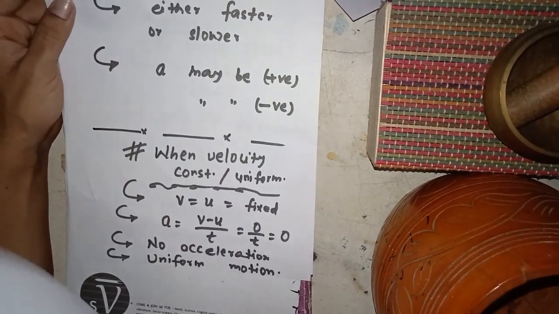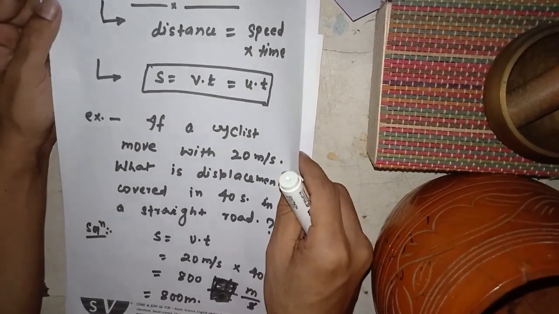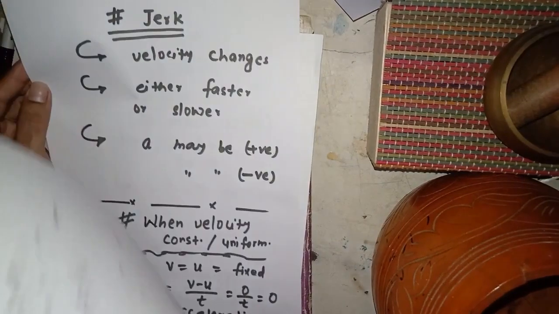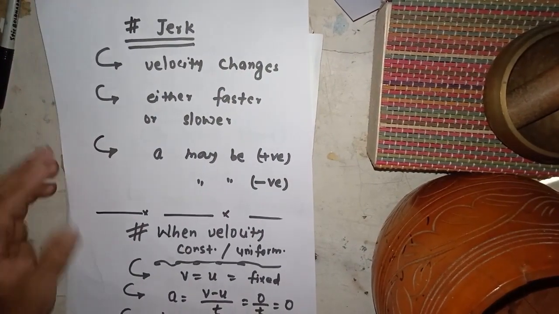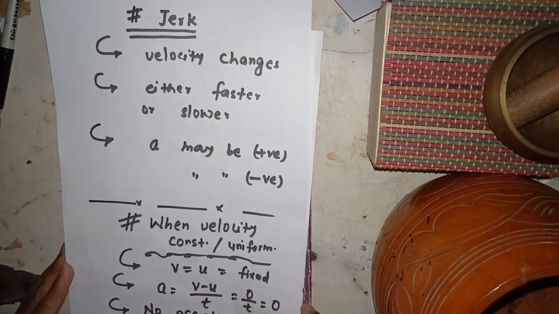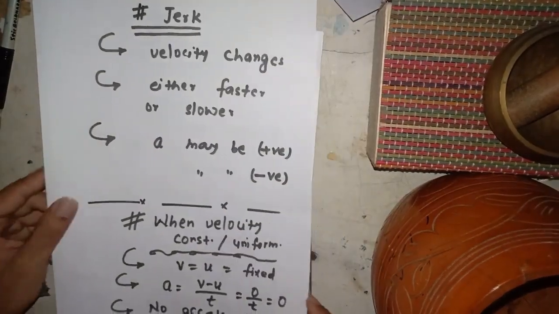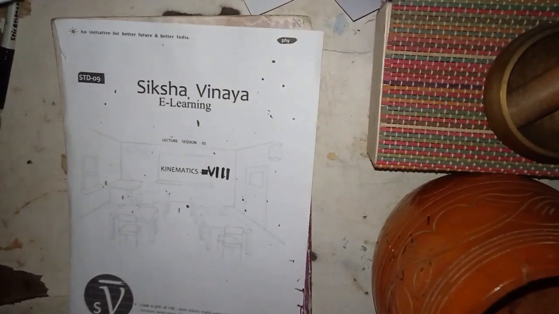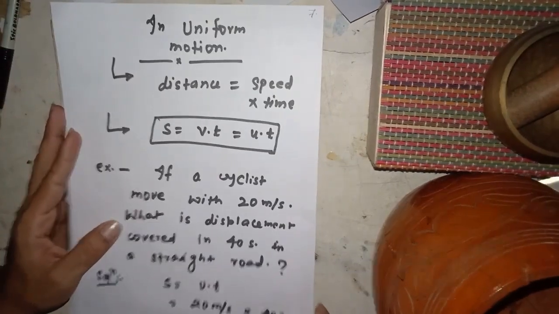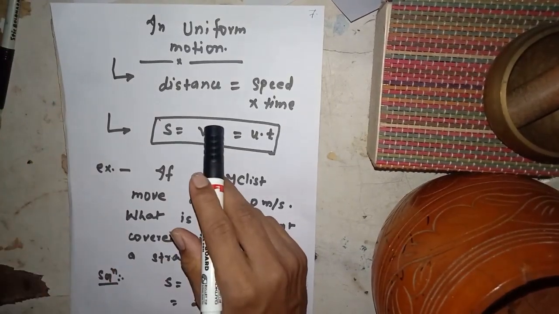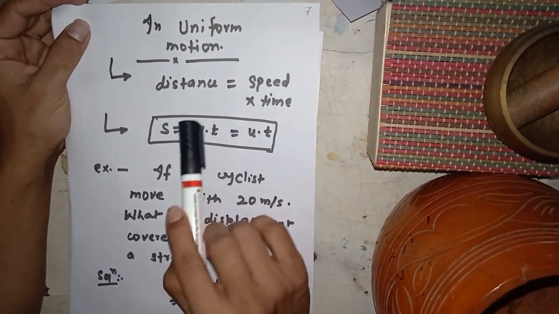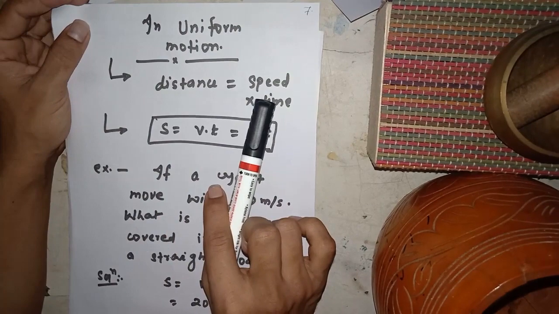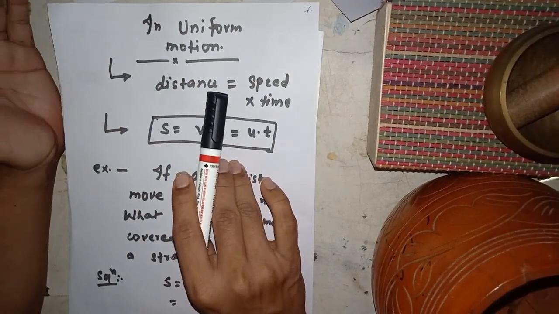So in uniform motion, you can say if speed is constant at every point, you already know about it from the previous classes.